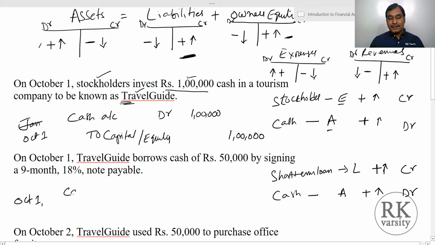Then here you have the cash account debtor to, what is it that you are doing? You are borrowing a loan, so it is a short-term loan, or you can say a payable. And what is the amount? 50,000 is the amount and 50,000 is the amount.